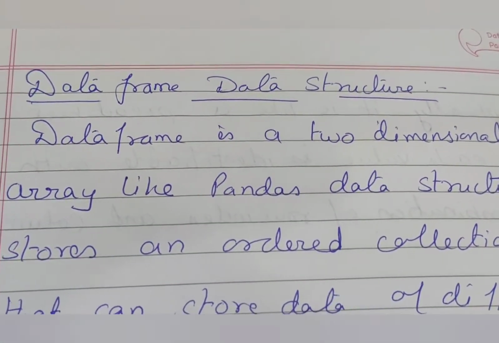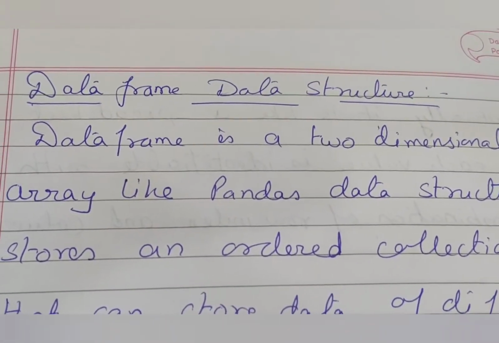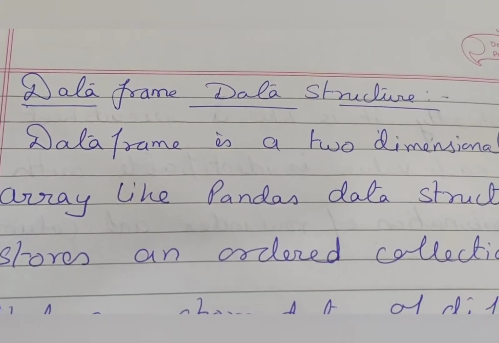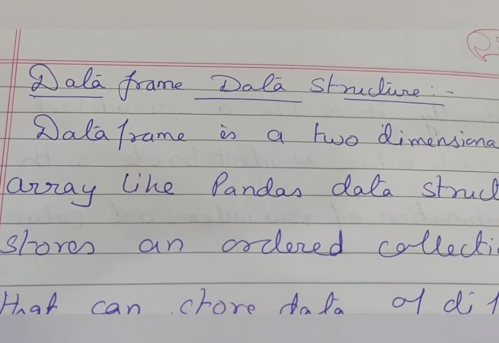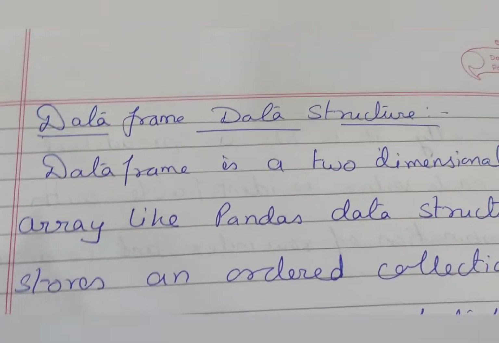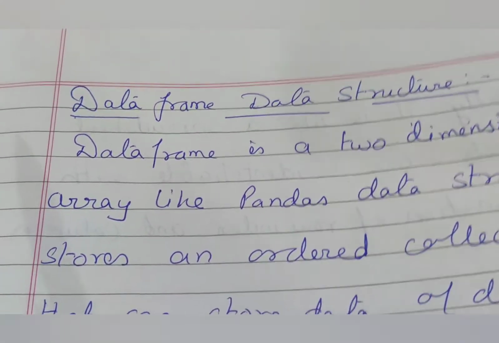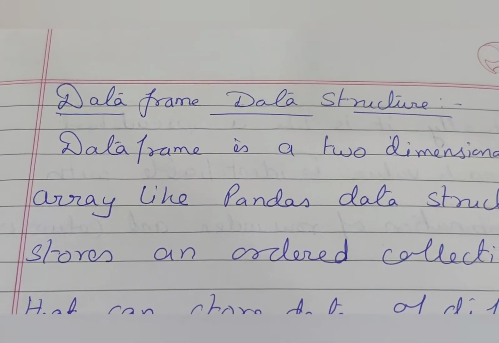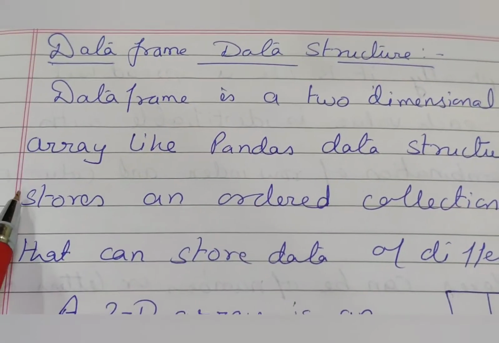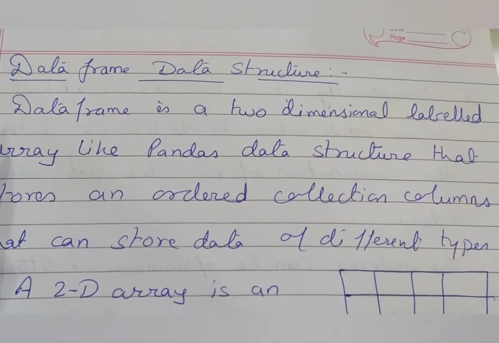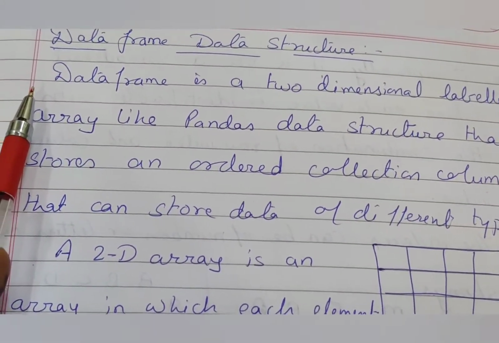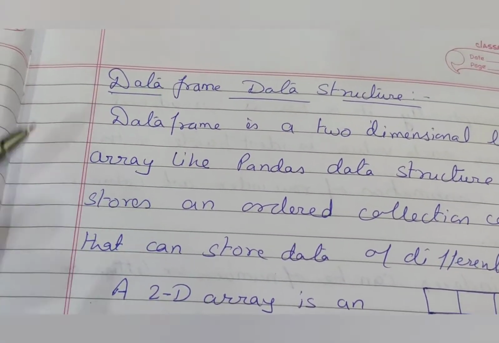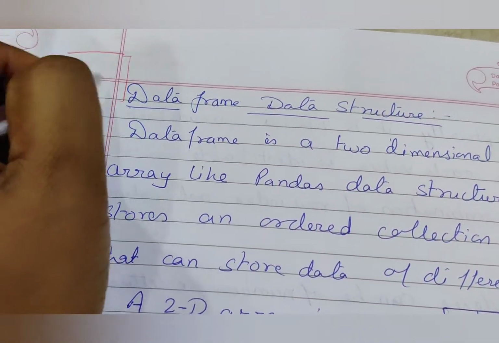So our next topic is data frame, a data structure. Earlier I told about MySQL, or in very simple terms, if I take an example, I think you all know the MS Excel sheet. What is there in an Excel sheet?